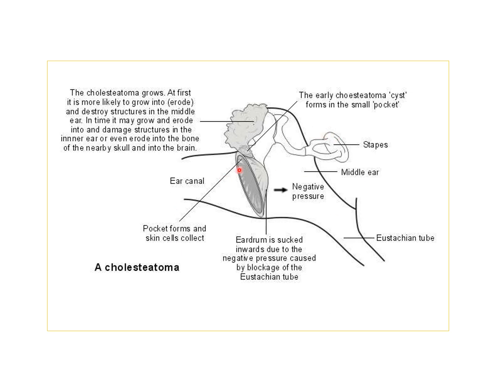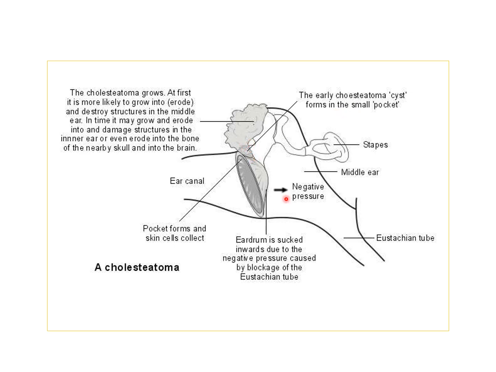So in this picture you can see the retraction pocket which contains the skin cells. It invaginates, and this early cholesteatoma cyst forms in these pockets.